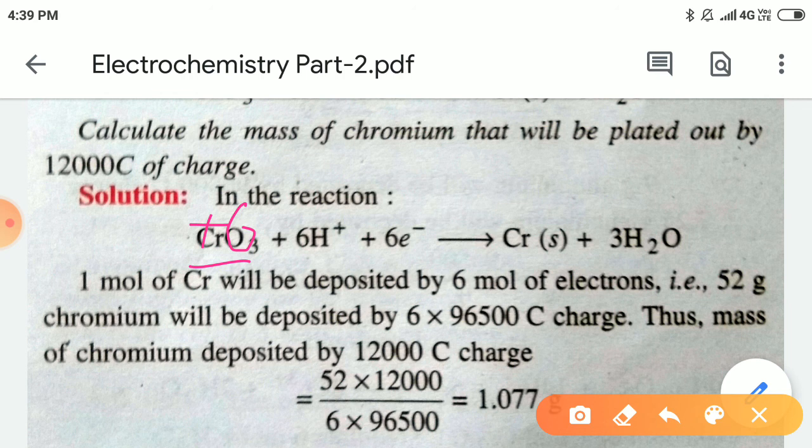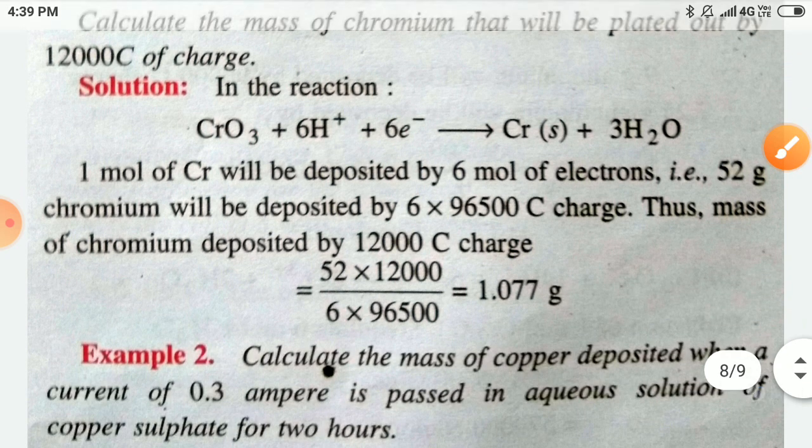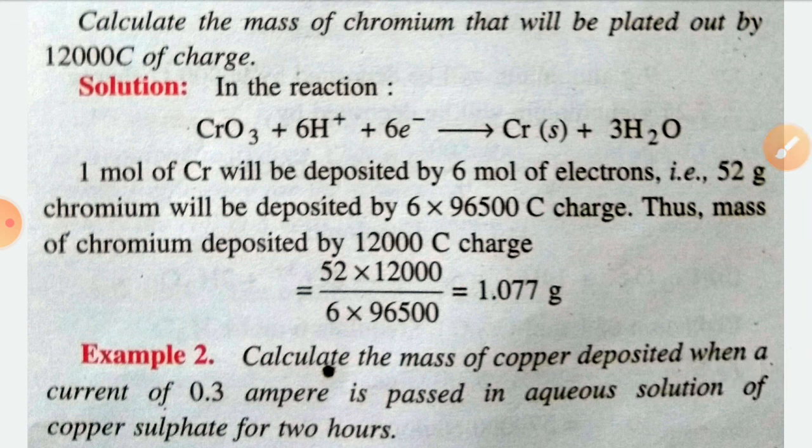6 moles of electrons have a charge equal to 6 Faraday, that is 6 into 96,500 coulomb. So 1 mole of chromium will be deposited by 6 moles of electrons, that is 52 gram of chromium will be deposited by 6 into 96,500 coulomb of charge.